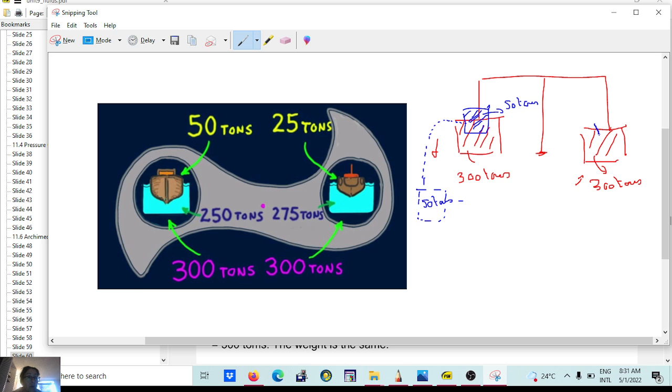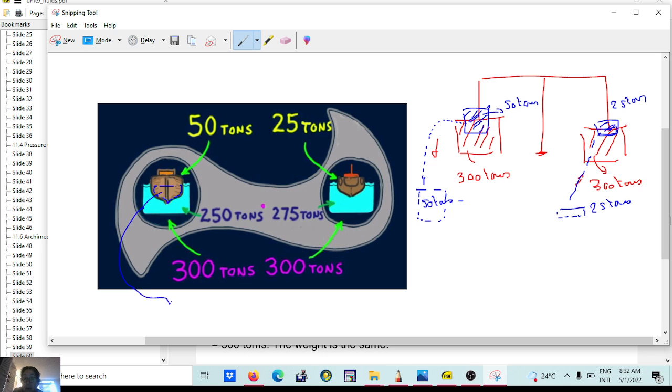Now, if I put a small boat here, and the small boat is 50 tons, I'm going to remove that much water here. That much water is going to spill, it's going to overflow, and it's exactly 50 tons. So no matter how heavy the boat is that gets inside that container, I always have 300 tons on that side, 300 tons on that side. Because the main thing to understand is that something that floats displaces its own weight in water.